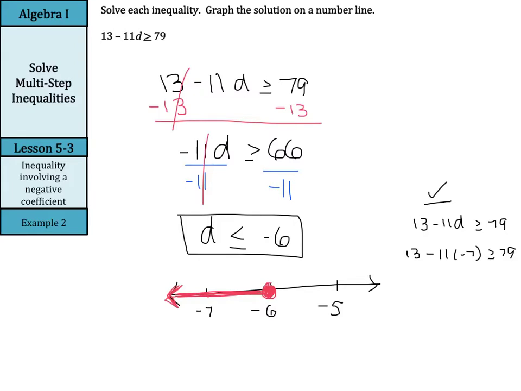As you go about solving this, 13, the negative 11 times negative 7 is 77. And sure enough, 13 plus 77 is 90. 90 is greater than or equal to 79, so it checks out. So again, if it's true for our answer in our graph, then it also needs to be true for the original inequality when you go to check.